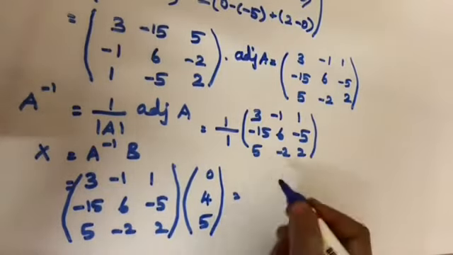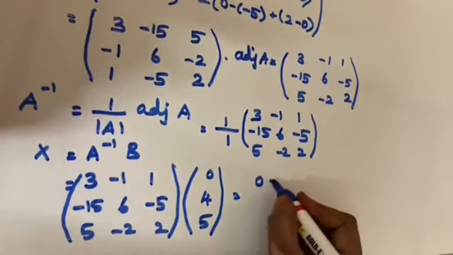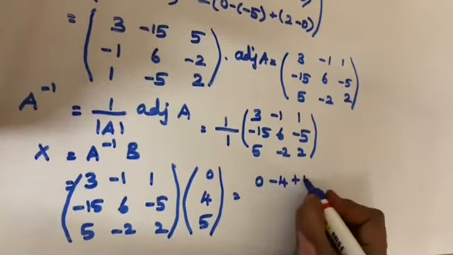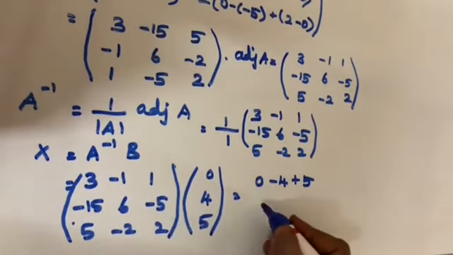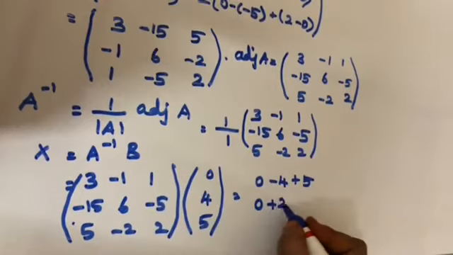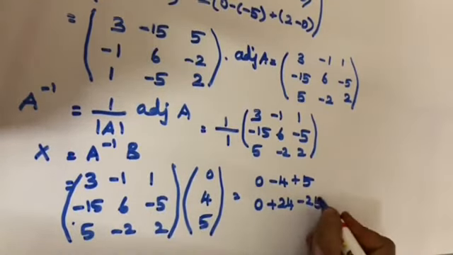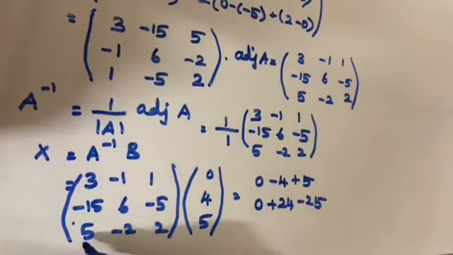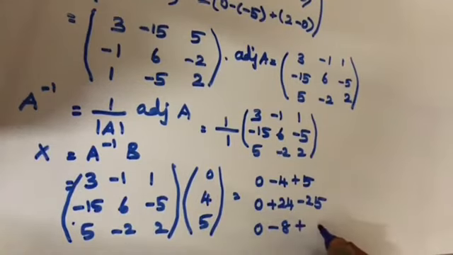Okay. So 3 into 0, it is 0. So minus 4 plus 5. Second row and this column, again 0 plus 24 minus 25. Here 5 into 0, so it is 0 minus 8 plus 10.